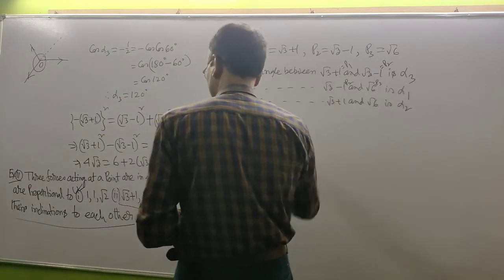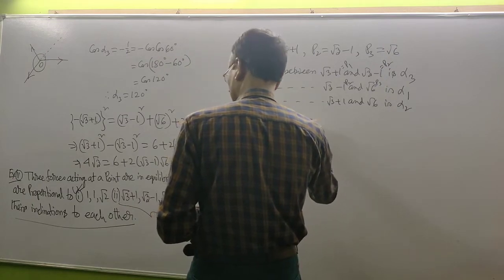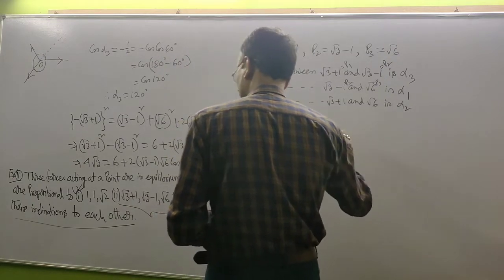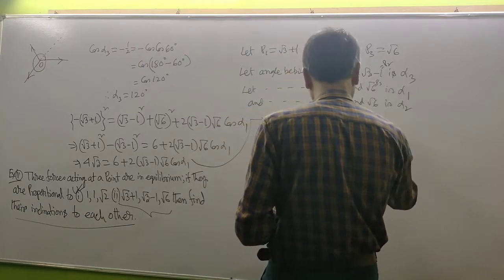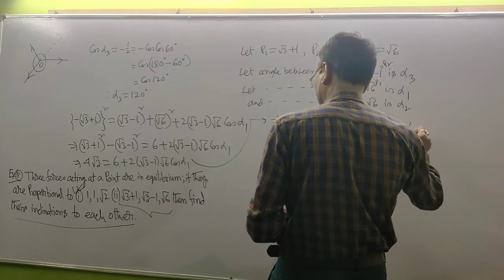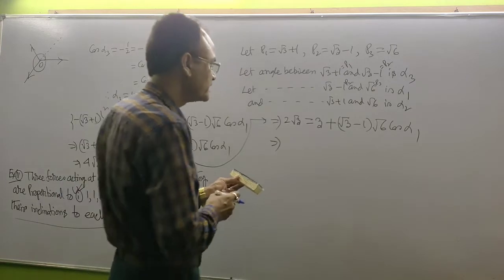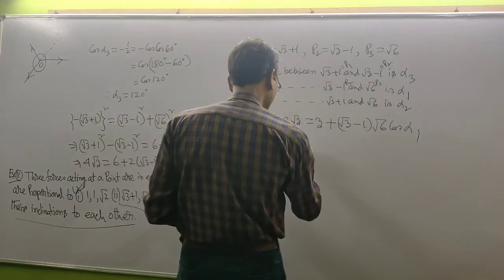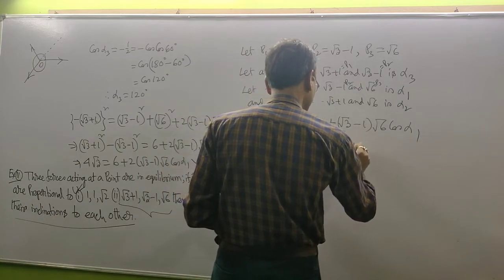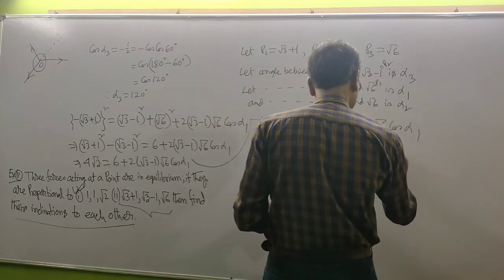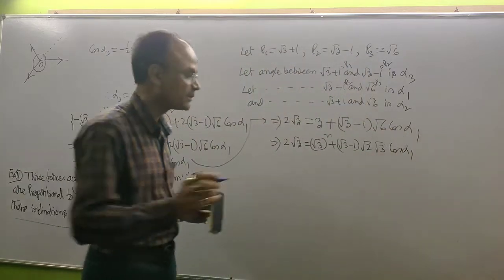I am writing here. This means 2 root 3 should be equal to 3 plus (root 3 minus 1) into root 2 into root 3 cos alpha 1.